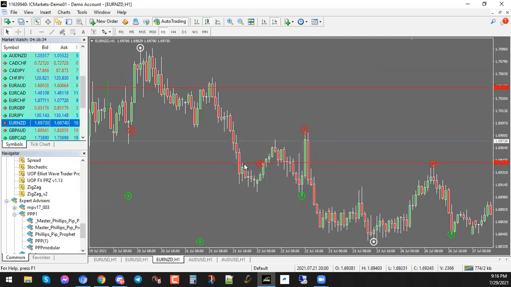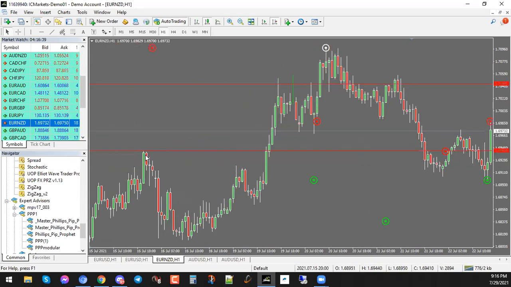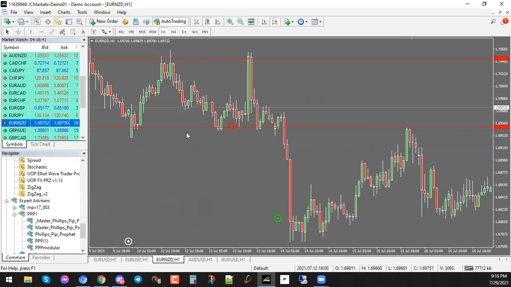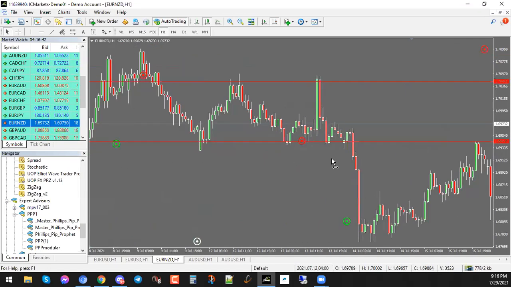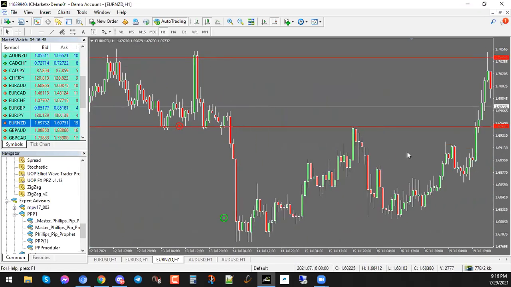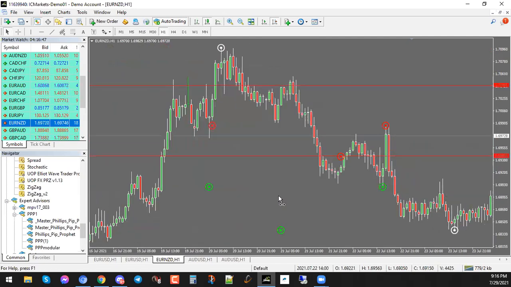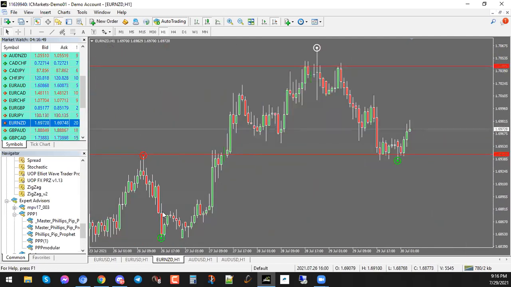It is bouncing off this one here. Support right here. Support, support. And you can see here that it is a very strong level of support, right? So we should get some sort of bounce. It doesn't have to be a full reversal, but we should get some sort of bounce.